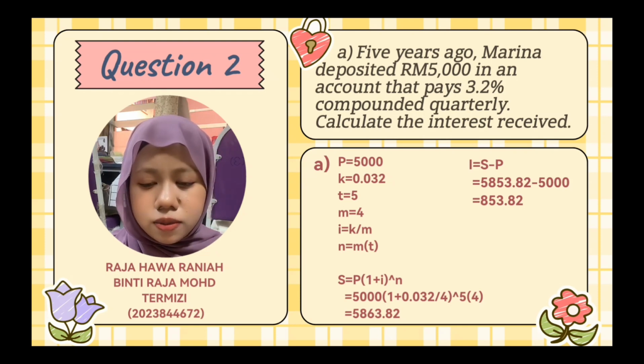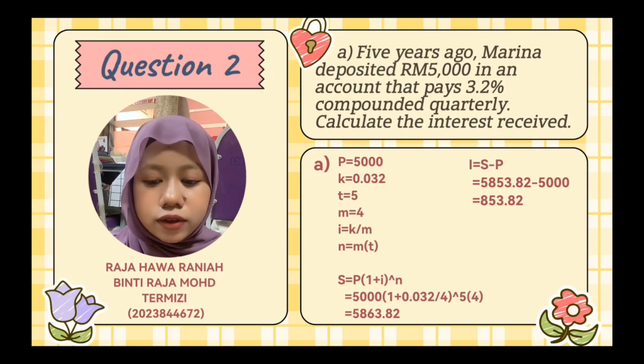Okay, so now we will get 5,000 times (1 plus 0.032 over 4) to the power of 5 times 4, which leads us to the answer 5,853.82. Okay, so now we can find the interest using the formula I equals S minus P.